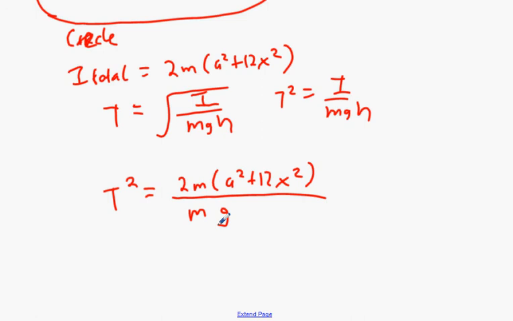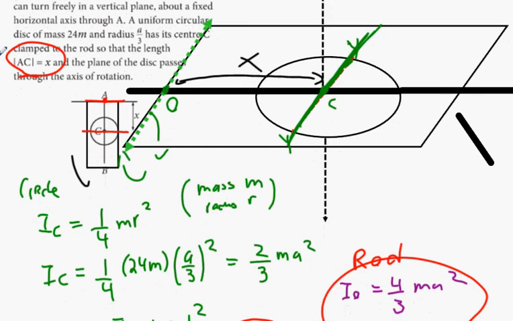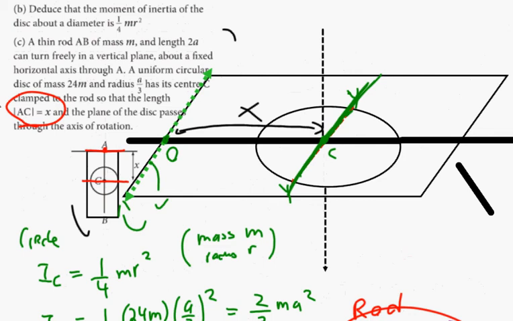Now there's no guarantee that the moment of inertia is at its center. Okay, so if we go back to the top, what does it say here? A rod of length 2a can turn freely in a vertical plane.